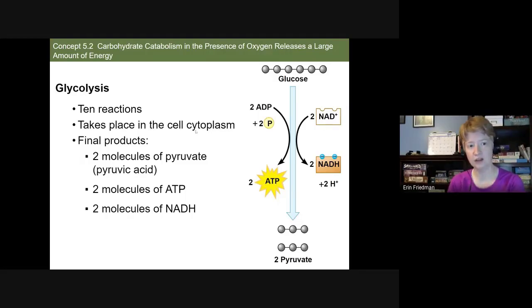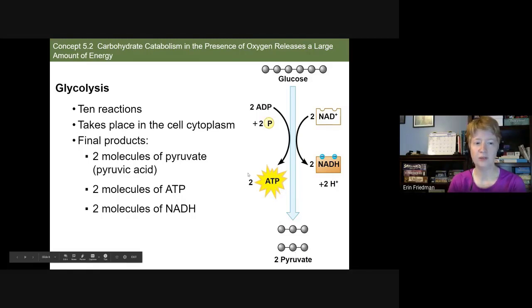Okay, so where are we in the cell? We're in the cytoplasm. So the cool thing is this reaction can happen in prokaryotes and eukaryotes. All right, so they can break down 6-carbon sugars into 2 3-carbon molecules. By the end of this process, we're going to get 2 of these molecules called pyruvate. So that's a name you should know because we're going to follow the fate of these pyruvates.